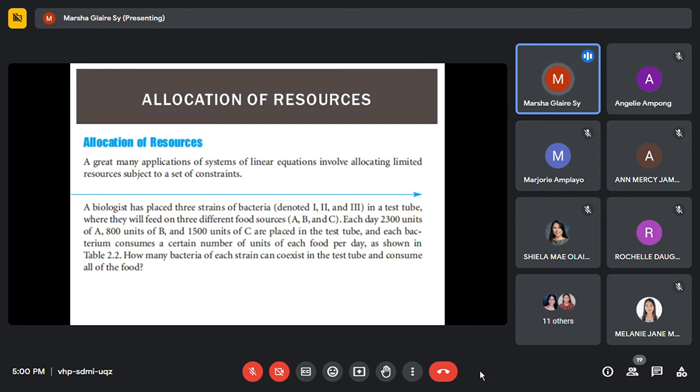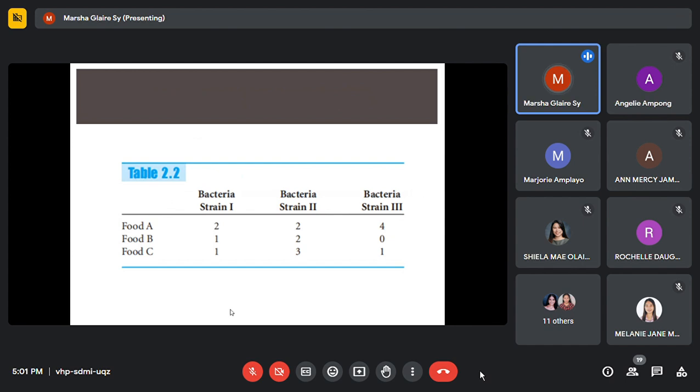A biologist has placed three strains of bacteria, denoted 1, 2, and 3, in a test tube where they will feed on three different food sources A, B, and C. Each day, 2,300 units of A, 800 units of B, and 1,500 units of C are placed in the test tube, and each bacterium consumes a certain number of units of each food per day, as shown in the table below. So we have here bacteria strain 1, strain 2, and strain 3.